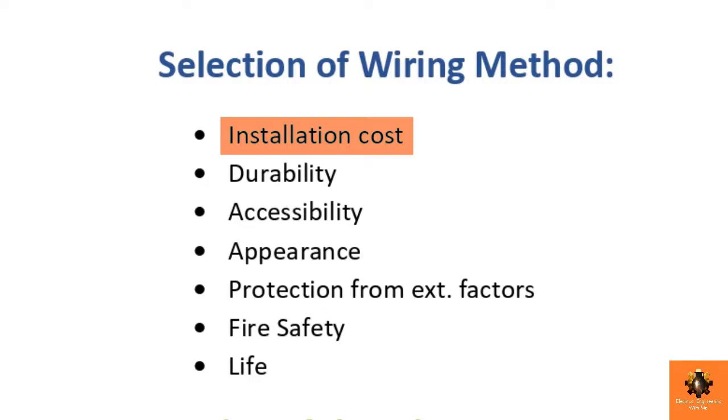Then we have durability. The wire or cable that you are going to use in the installation must have the ability to bear atmospheric changing factors like low temperature in cold and high temperature in summer, and the wire should have the capability to carry the full load currents in any atmospheric condition.